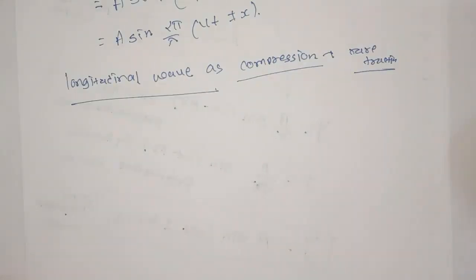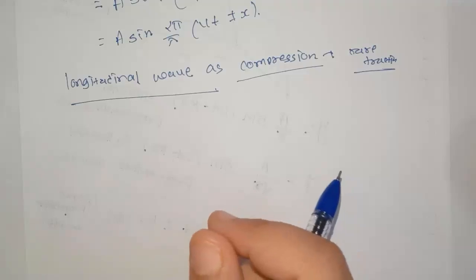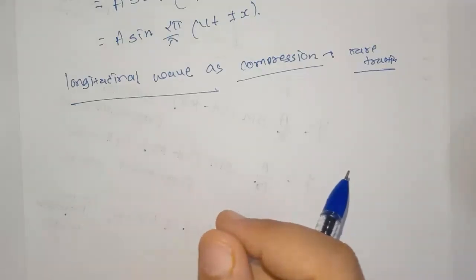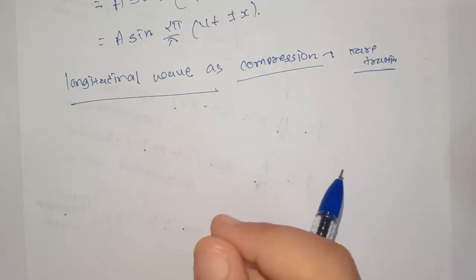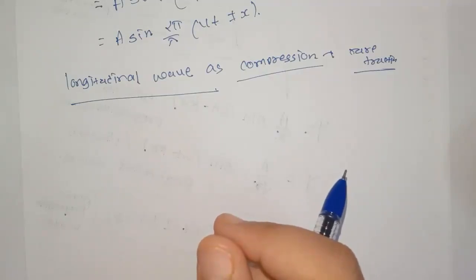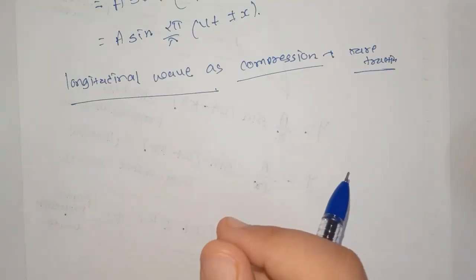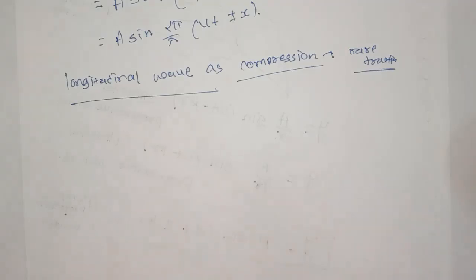The displacement in this case is, however, that of the vibrating particles in the line of propagation of the wave. So y and x are in the same direction in the wave, but they are plotted at right angles to each other.